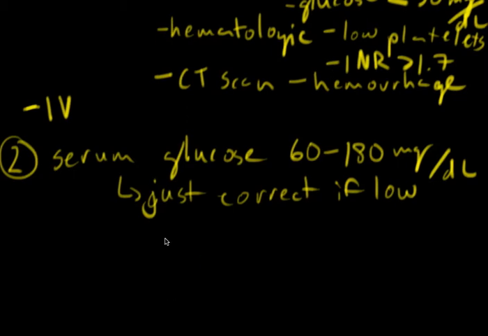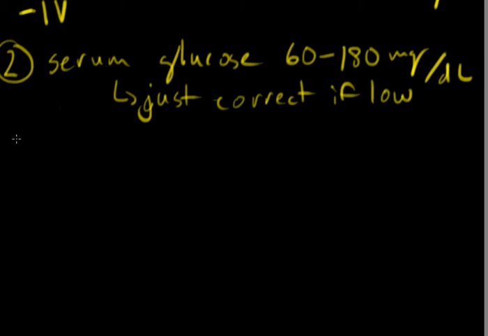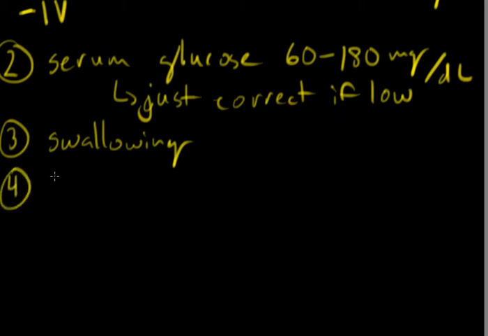Another thing you should check for is swallowing. Make sure they can swallow before you feed them or give them drugs. And another thing you want to check for is to make sure they're in the supine position.